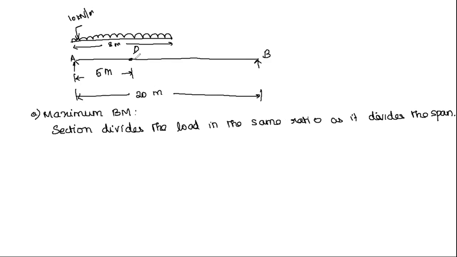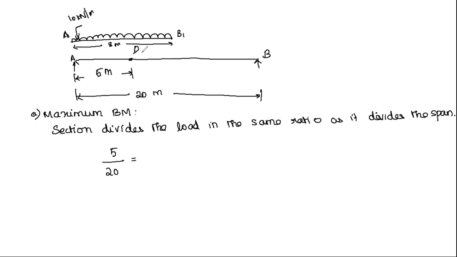So what is the section here? It is D, 5 meter. How it divides the section? 5 meter by 20 meter. So let this be A1 B1.